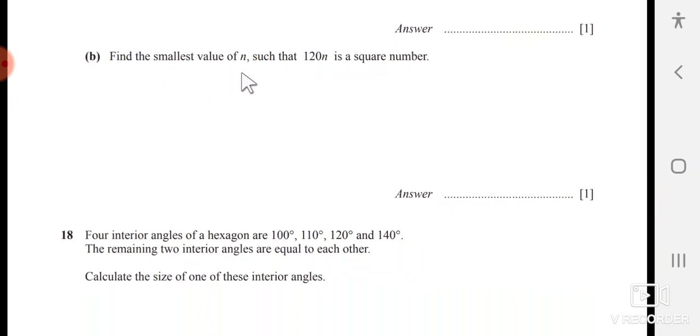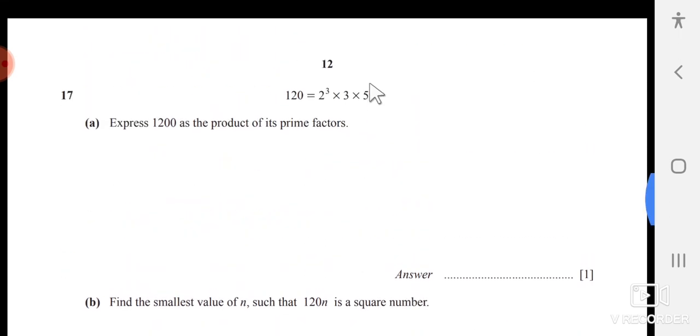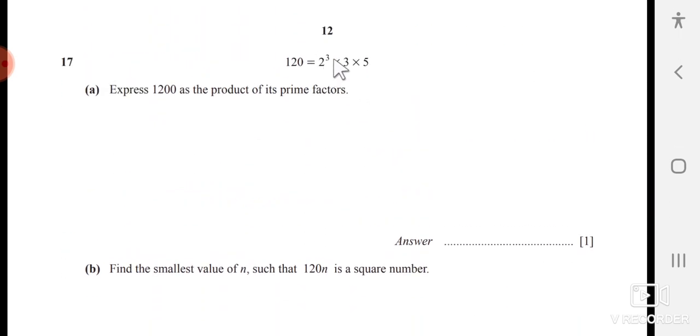And now find the smallest value of n such that 120n is a square number. For a square number, there must be even powers: 2 raised to 4, and 3 into 3, and 5 into 5. So this way you need to multiply by 2, by 3 and by 5.